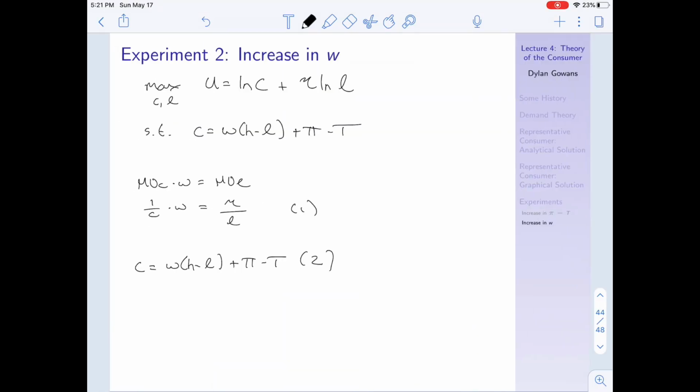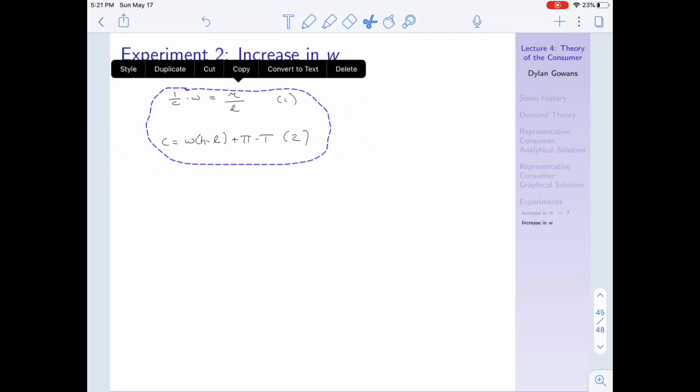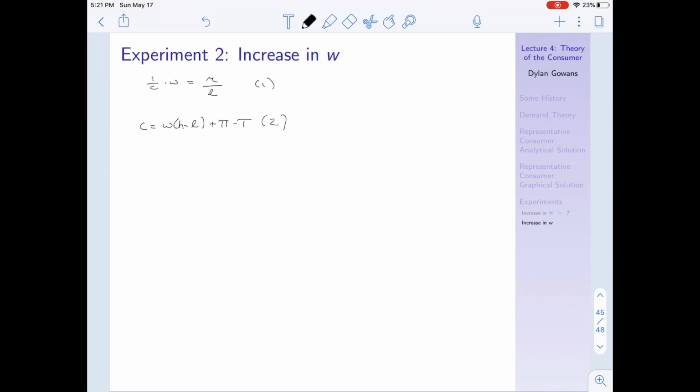So let me copy these here. Bring them over to the other slide. Make them a bit smaller. Very good. So now to solve for this, let's plug 1 into 2.